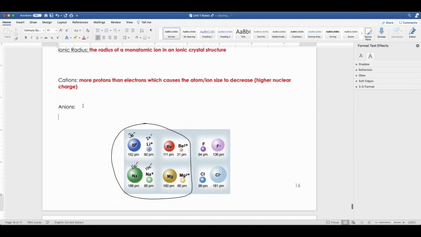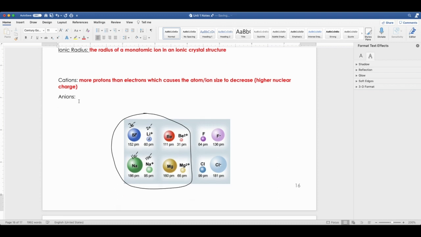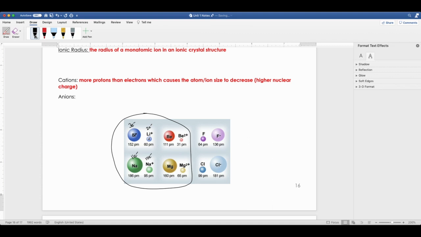The opposite is true for anions. So anions, of course, are negatively charged ions. So if I go back and we look at these two, fluorine has 9 electrons. The fluoride ion, however, if I have a negative charge, that means it's gained an electron. So the fluoride ion has 10.